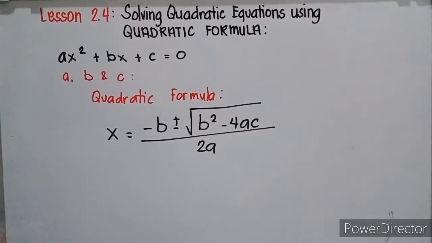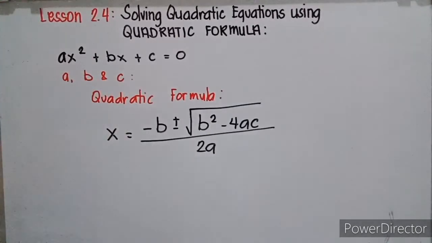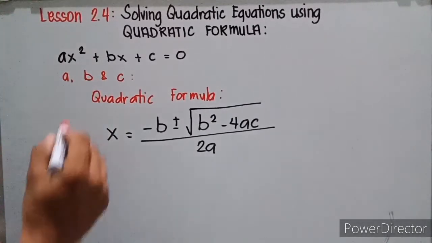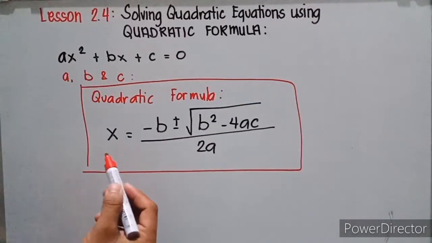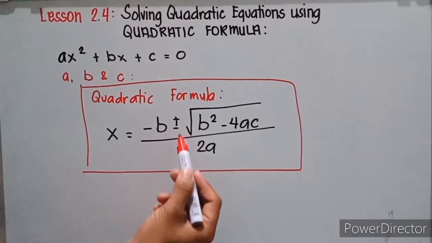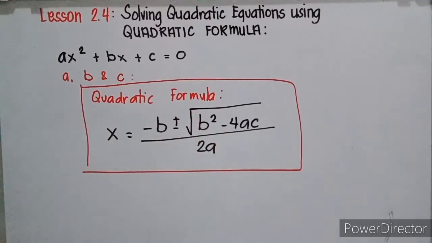So we need to know the values of our coefficients a, b, and c. Then after that, we are going to substitute to our quadratic formula. x is equal to negative b plus or minus square root of b squared minus 4ac all over 2a.